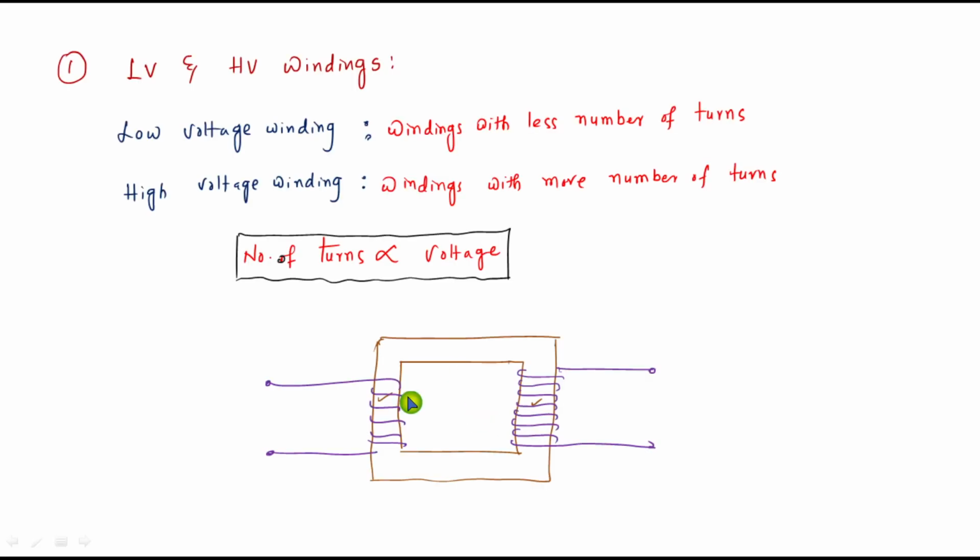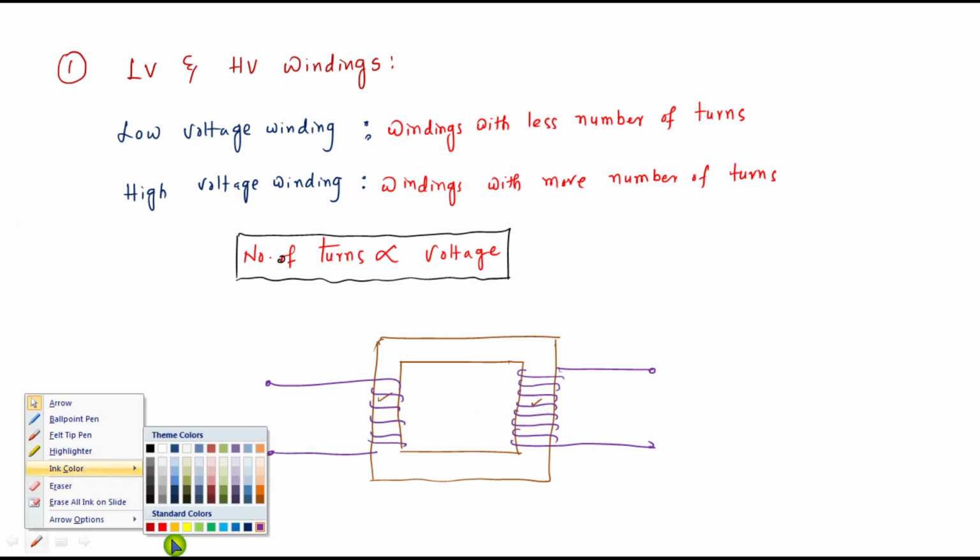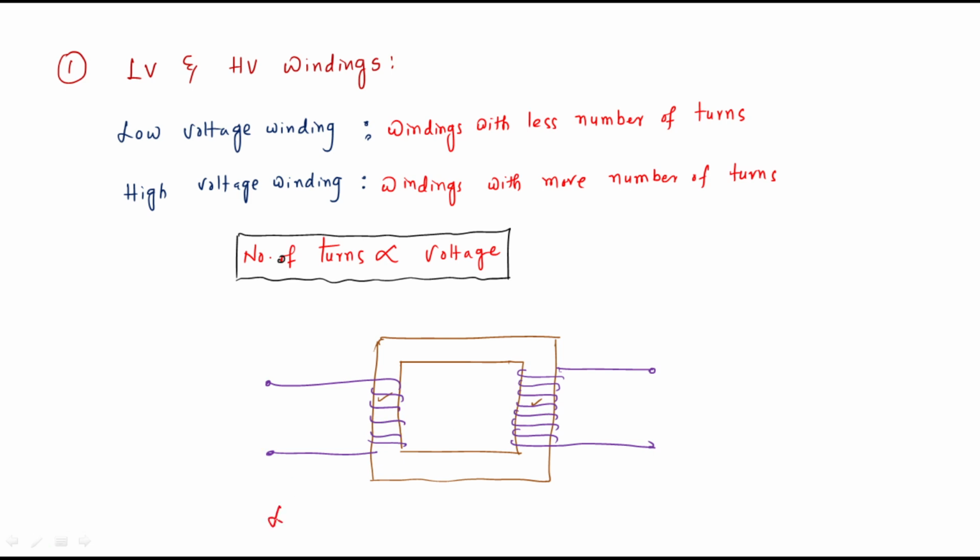So obviously this is LV winding, this is HV winding. Now we have to write this is LV winding, like that. This is what HV winding. So like that we can differentiate LV winding and HV winding.